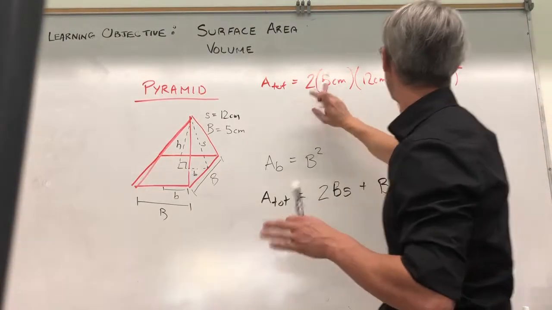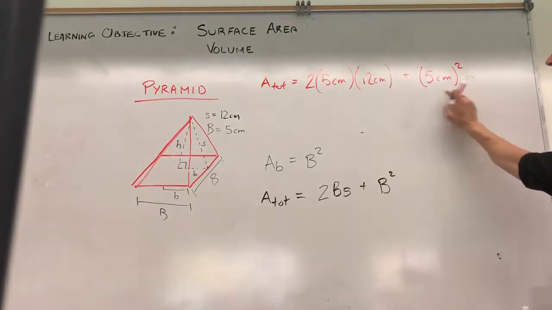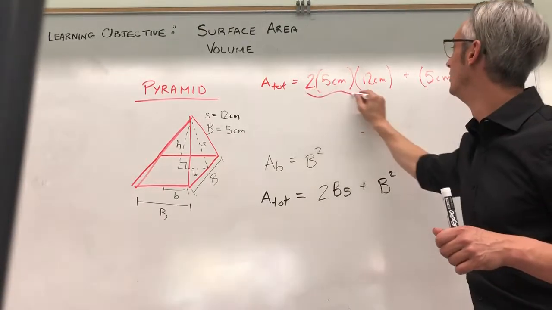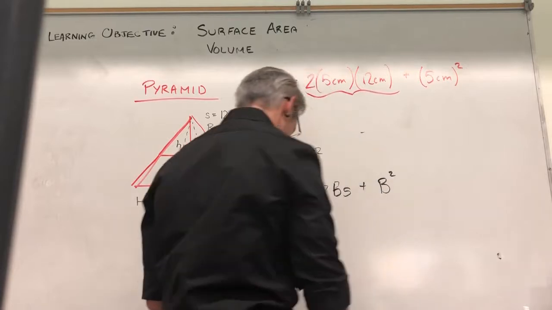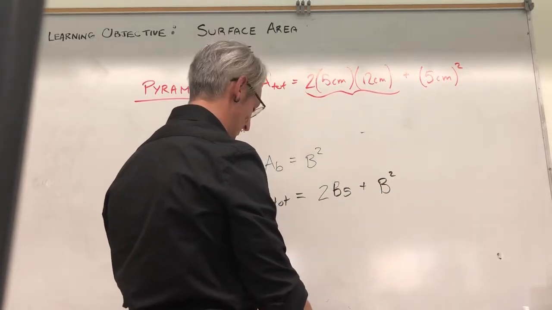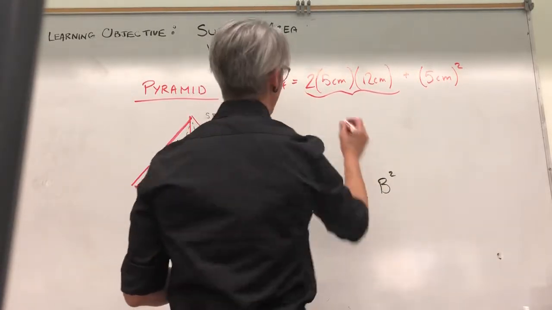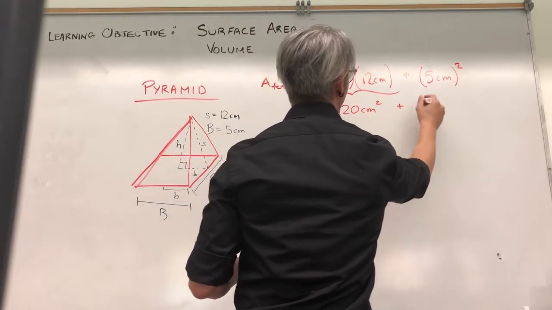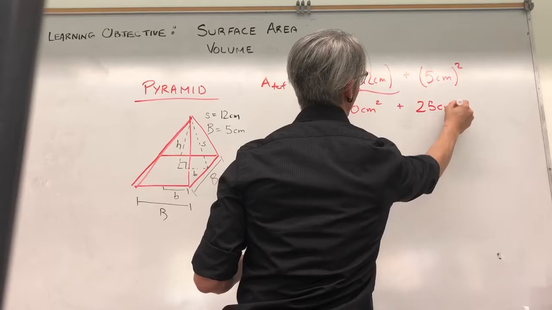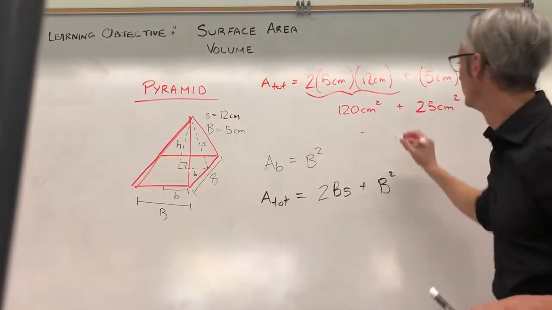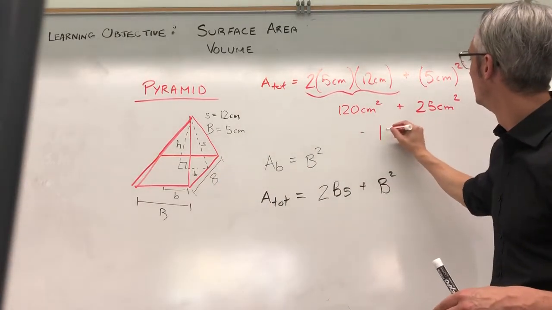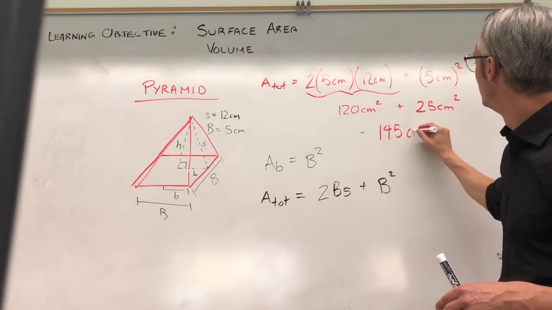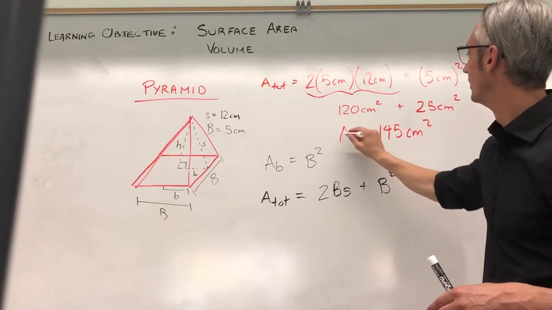I break it up into two different calculations because you guys seem to make mistakes when you don't. So 2 times 5 times 12 is 120 centimeters squared plus 25 centimeters squared, which gives me a total of 145 centimeters squared for the total area.